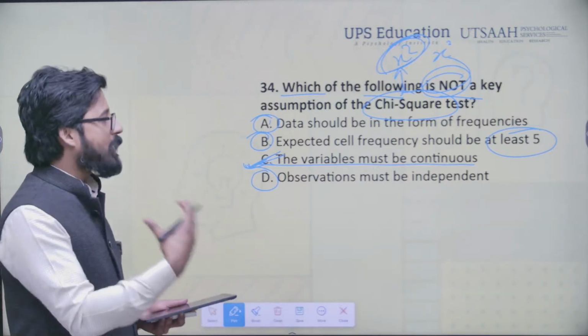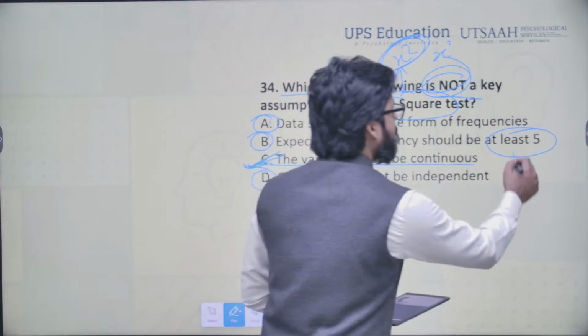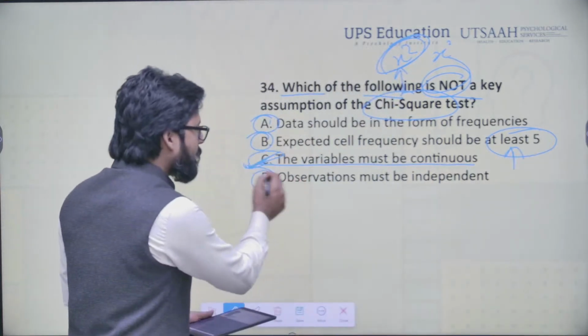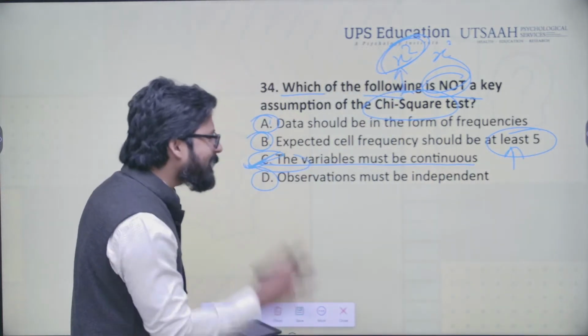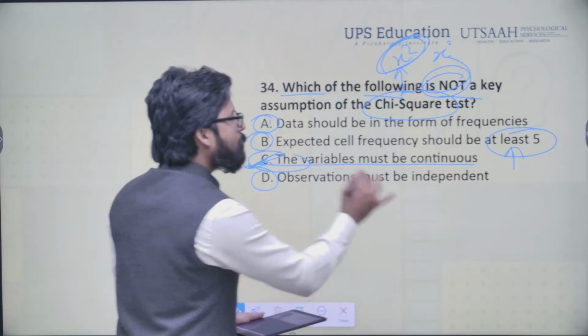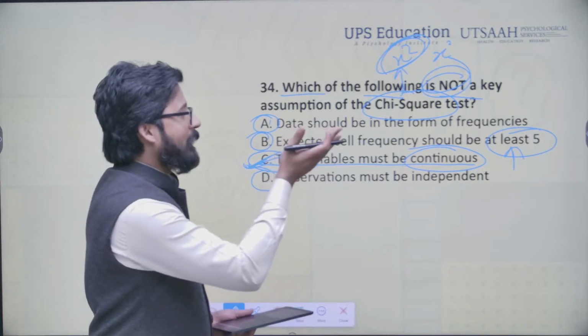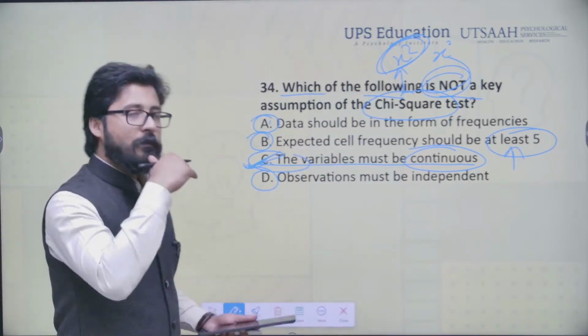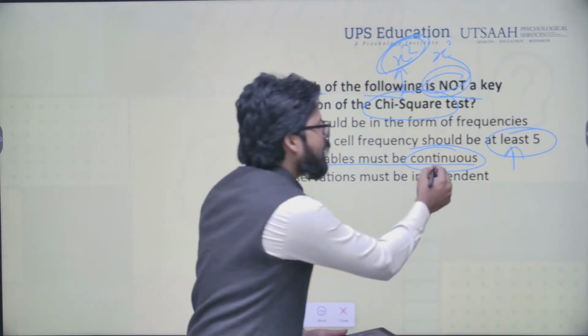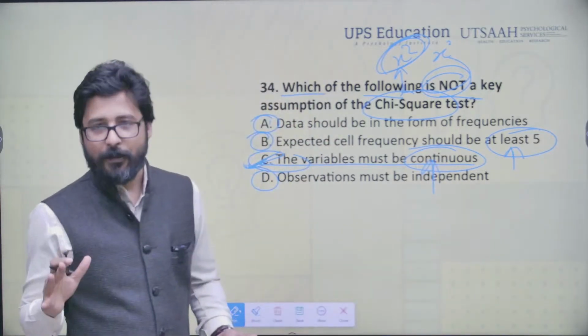We are not choosing chi-square on the basis of this characteristic, because this option clearly mentions that the variable must be continuous, and we all are aware that if that is continuous, we cannot use it.